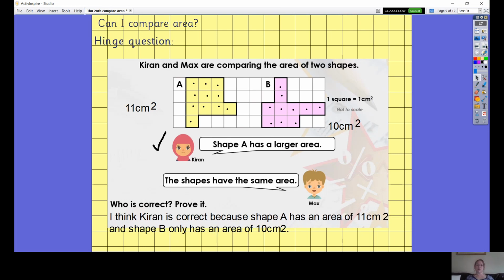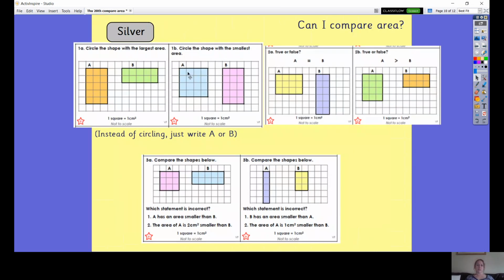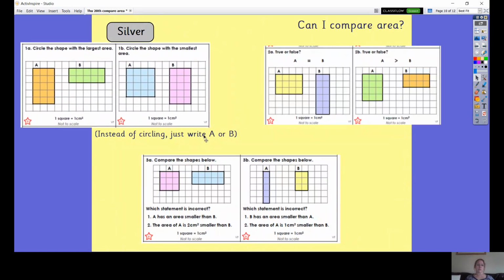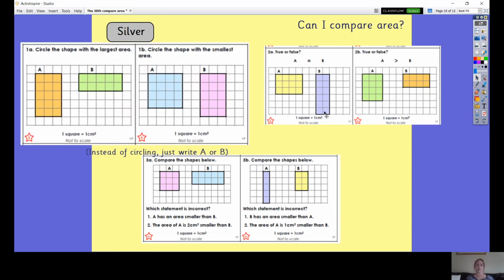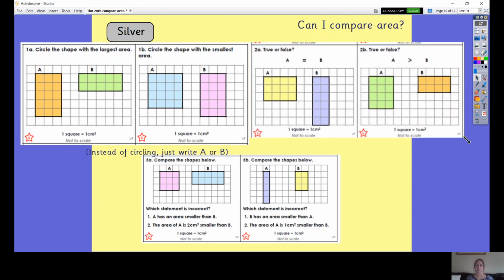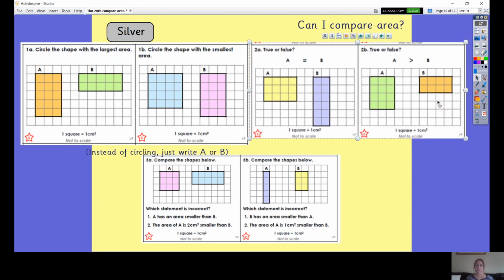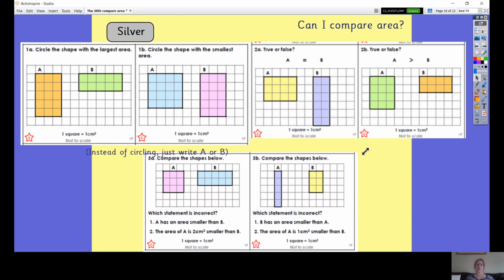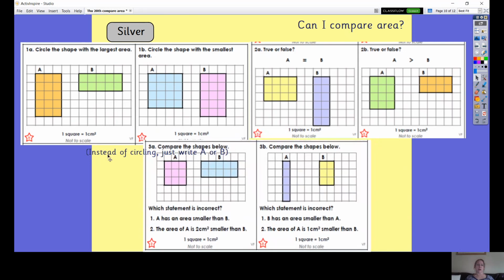So let's move on to the silver activity for today. Now these are a little bit dinky. Just wondering if I can make them a little bit bigger for you, but obviously it says circle the shape with the largest area. So clearly you can't do that. So you're just going to write A or B. You absolutely don't need to be trying to screenshot things and print them out because it's just not necessary. Okay, we'll know what you mean. So write down whether A or B has the largest area.